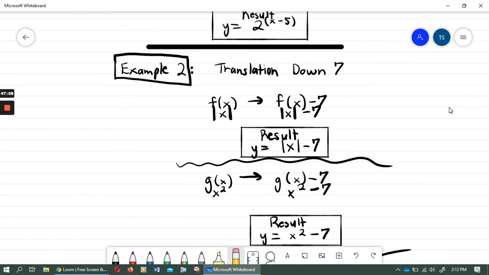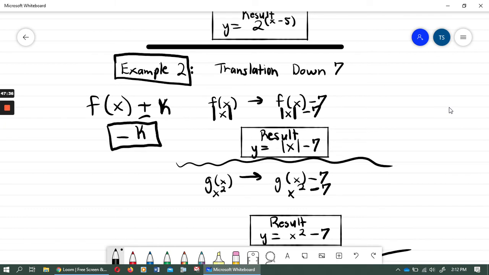But again, with this, because this is a translation of down 7, we're going to be using that general form of plus or minus h. And again, guys, we know that for down, we expect to have to subtract some number there.